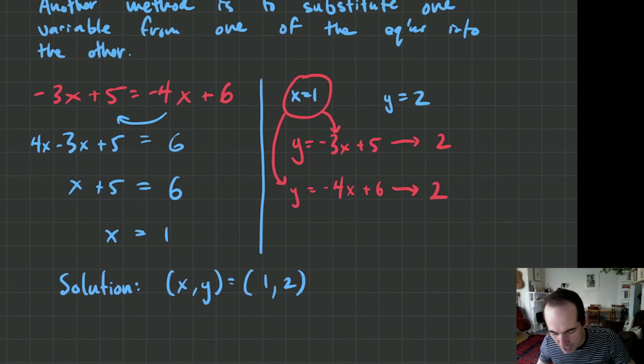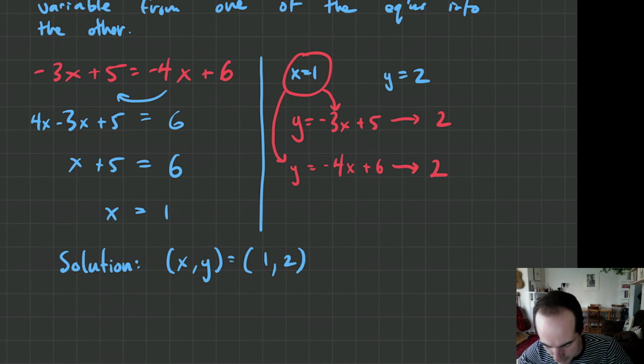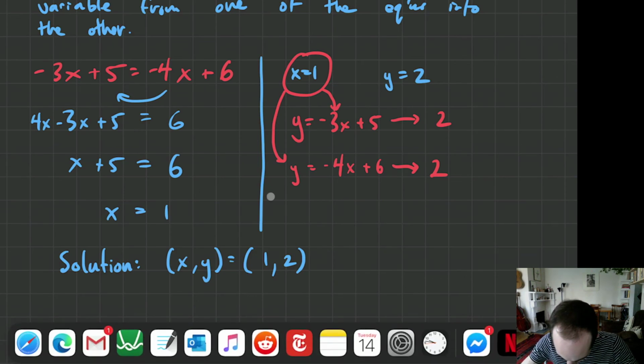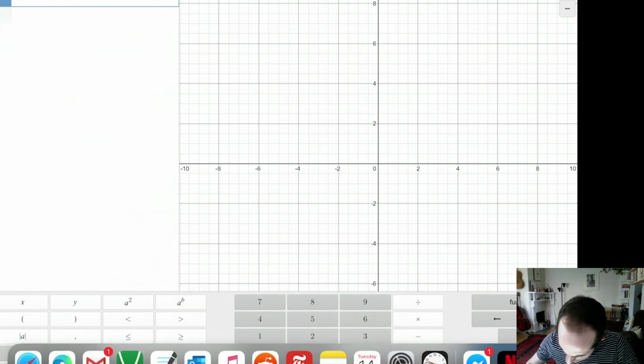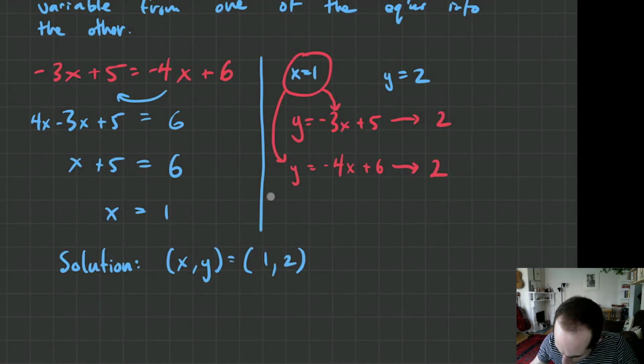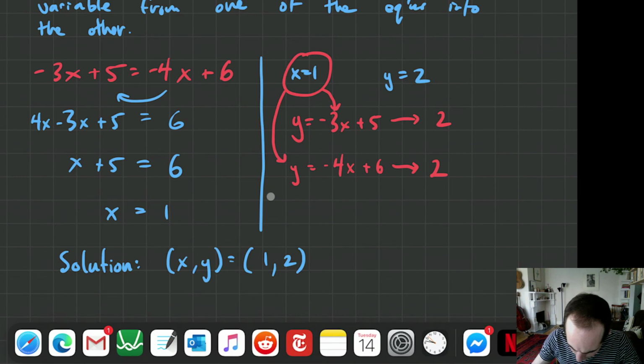And if we graphed both of these equations, we would find that there is an intersection at that point. So let's quickly graph this. I've got Desmos right here. What was that first one? It's y equals negative 3x plus 5.